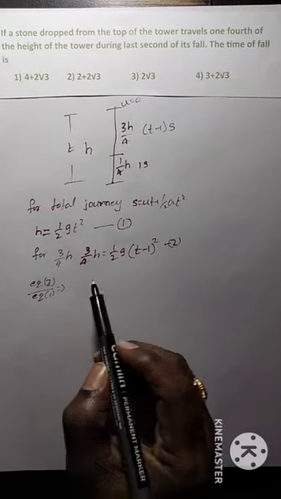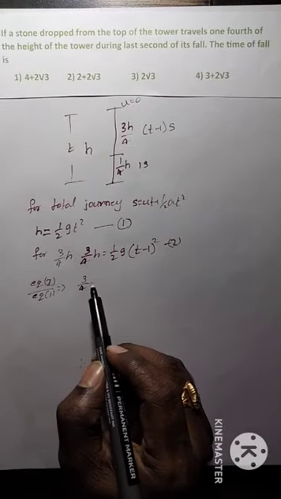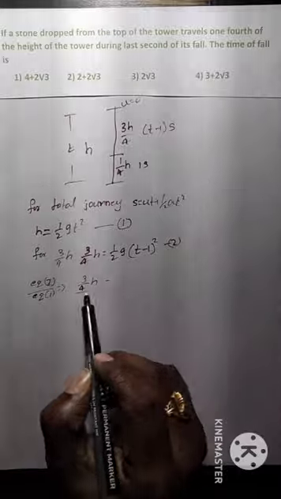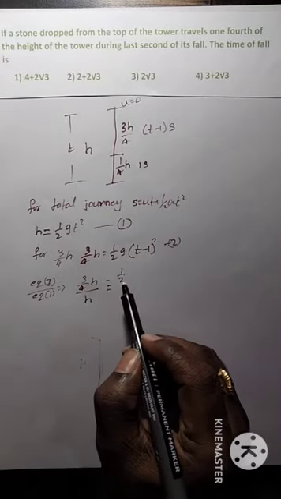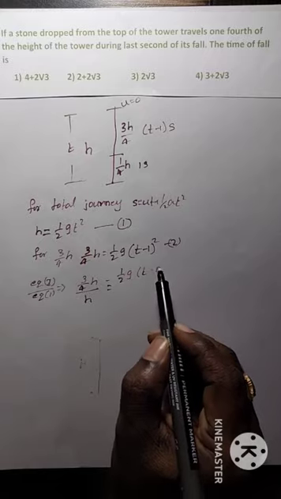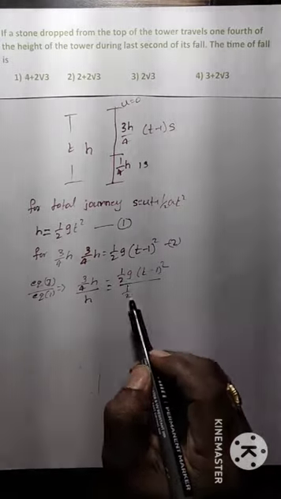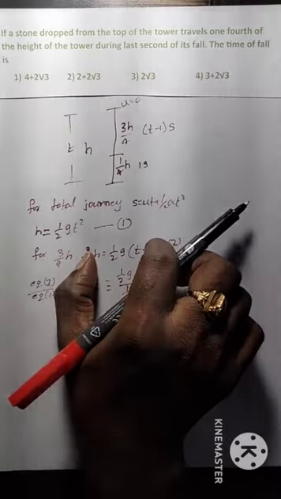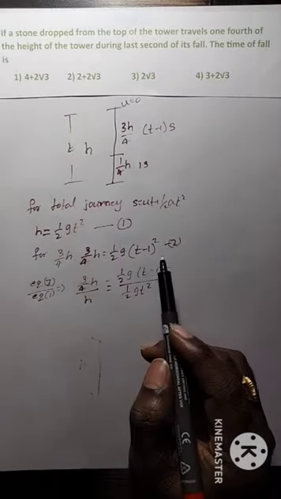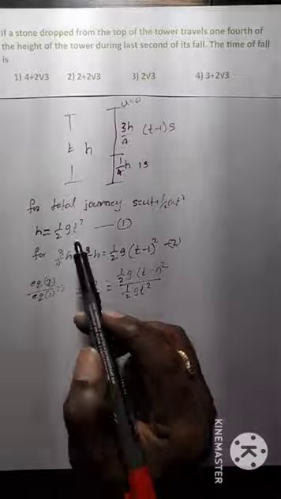That implies 3/4 of height by height is equal to half g into t minus 1 whole square by half g t square. So this equation divided by this equation, equation 2 by equation 1.